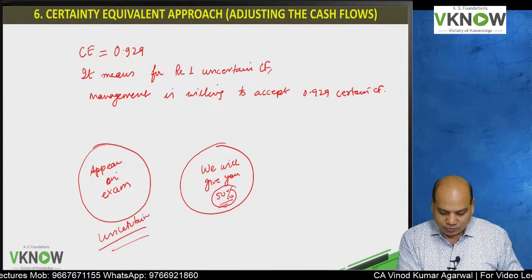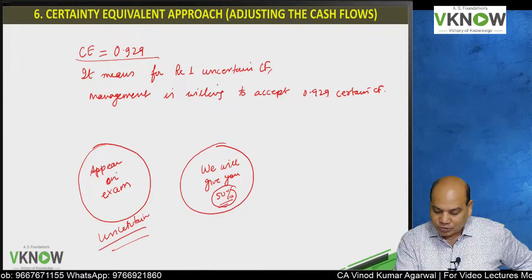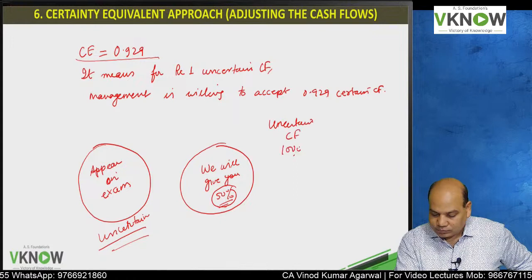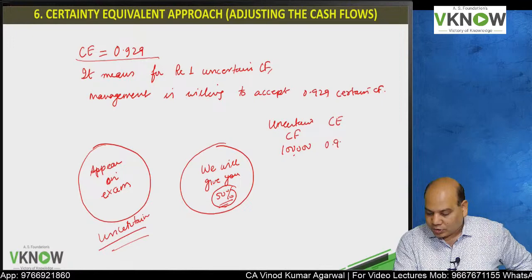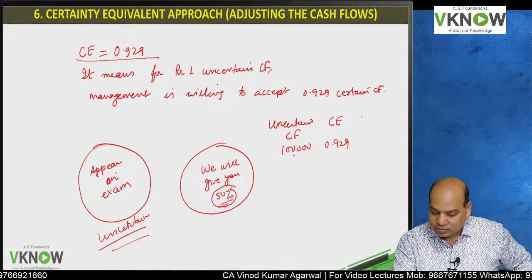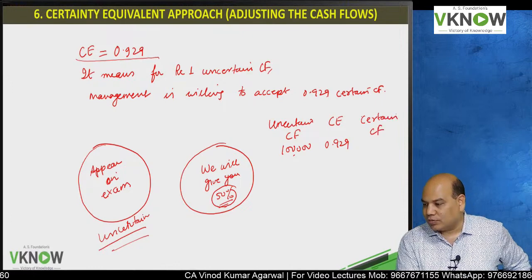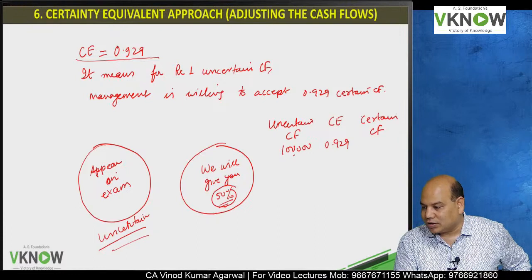Now what is the use of this number? You will quickly reply: if the uncertain cash flow is 1 lakh and the certainty equivalent is 0.929, what is its equivalent certain cash flow? 1 lakh is the uncertain cash flow.